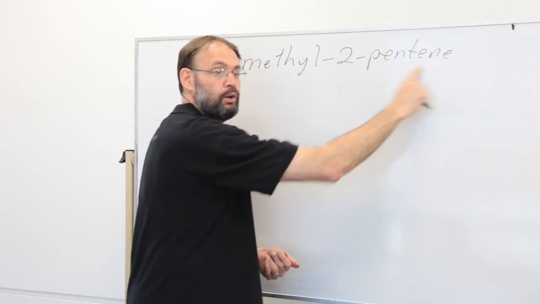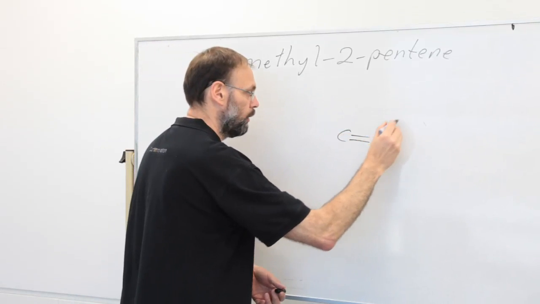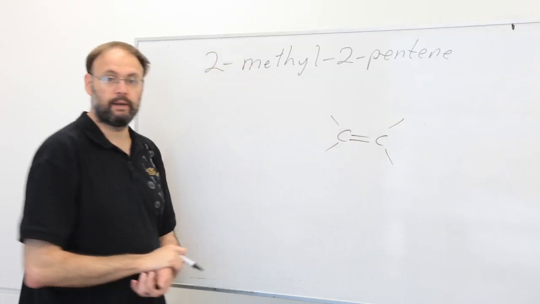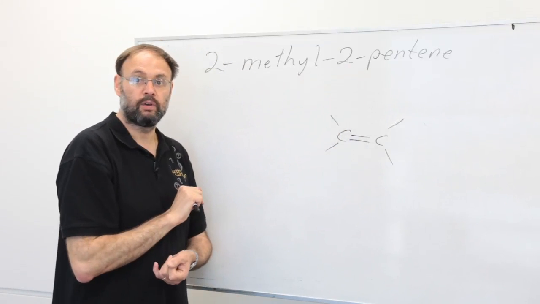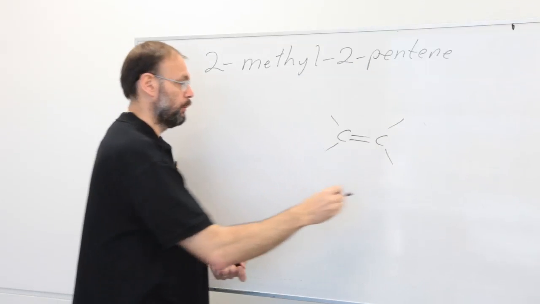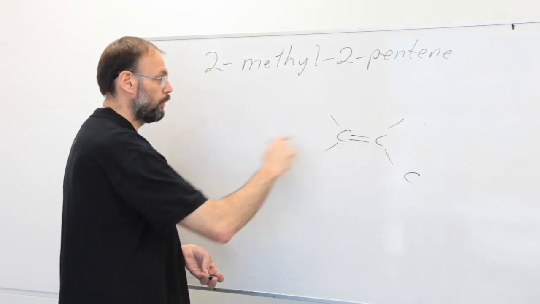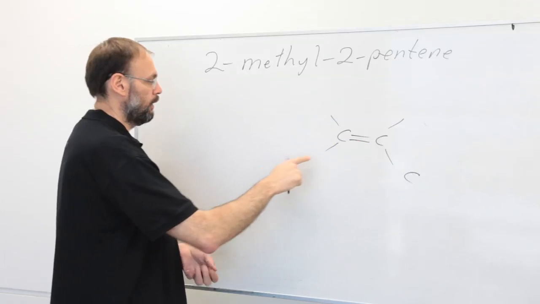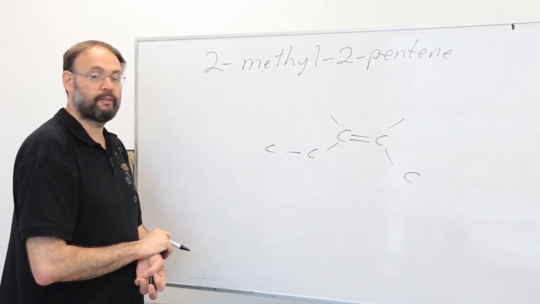The end of the name tells you you have an alkene. So we draw our alkene in. You're told that it's a pentene, so we know there's 5 carbons. And we know that the alkene starts at carbon 2. So we can have carbon 1 here, 2, 3, 4, 5. We now have our 5 carbons.